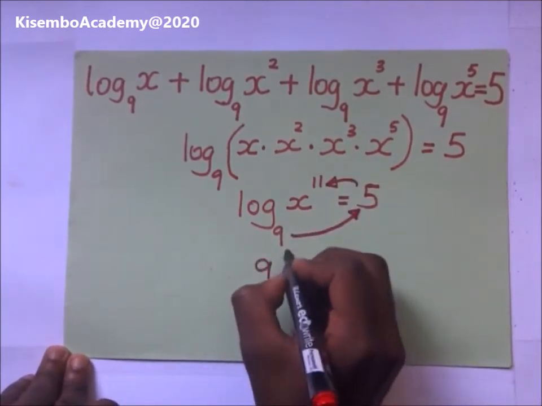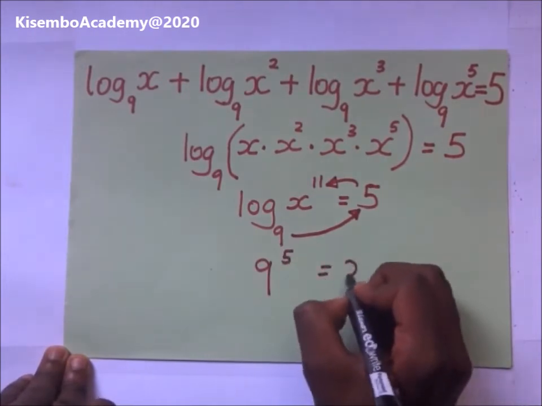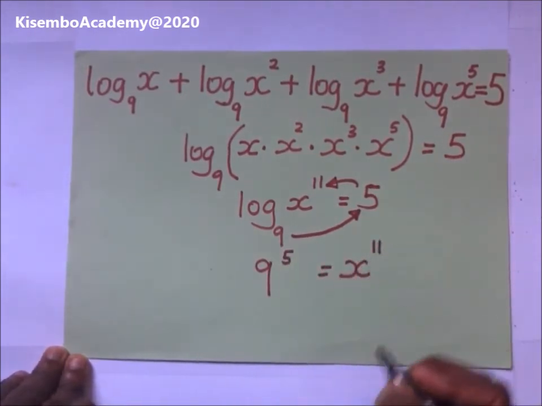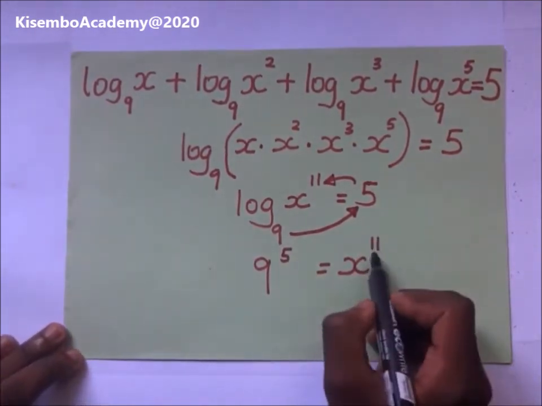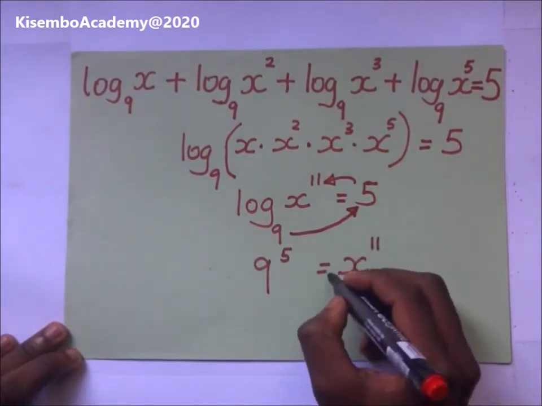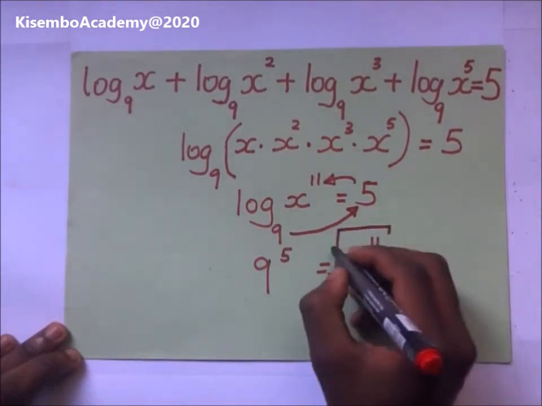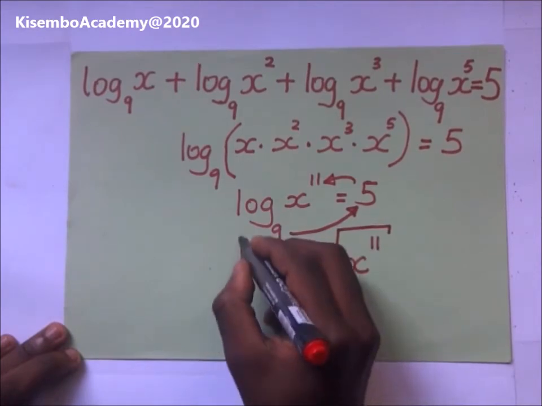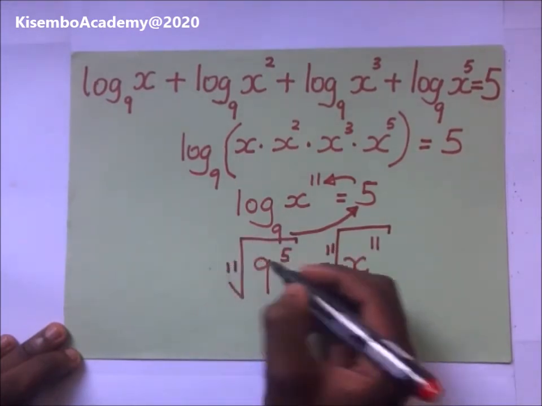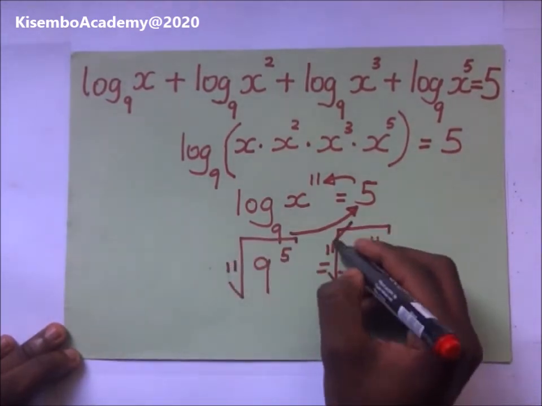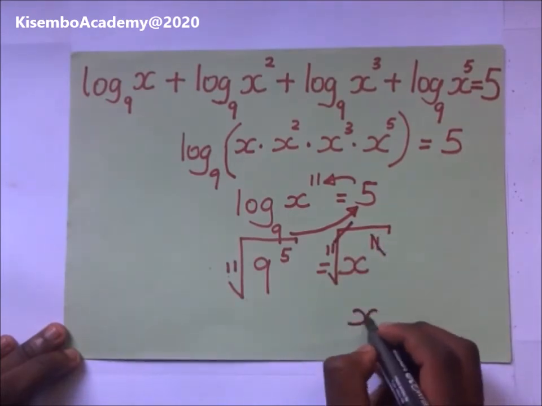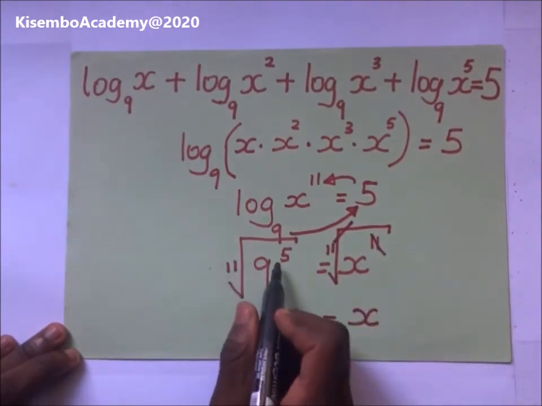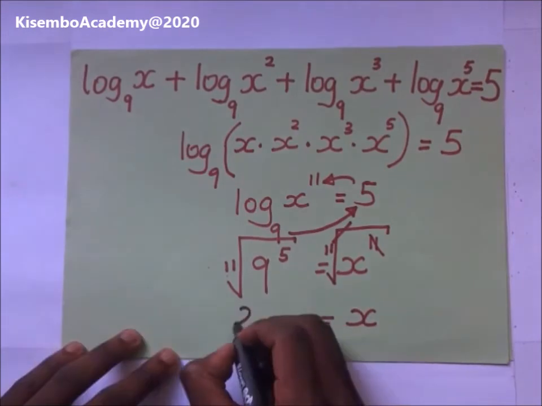Now, to get rid of that 11, you find the 11th root on both sides. So to get the value of x here is the 11th root of 9 to the power 5.